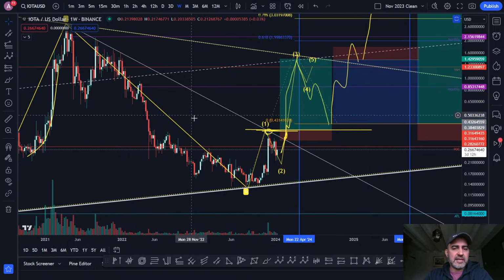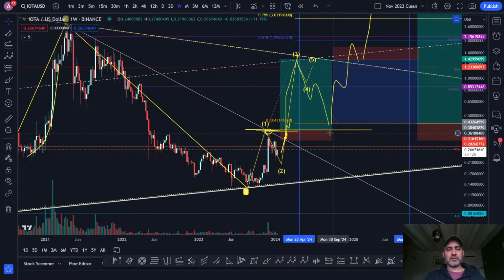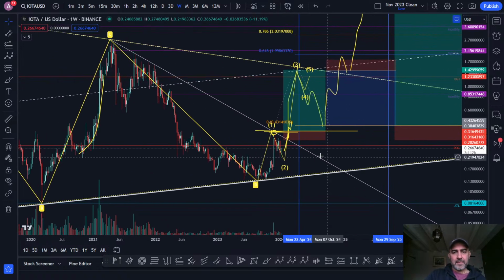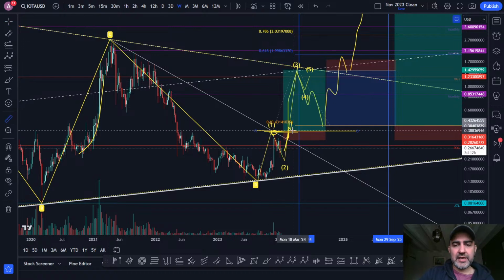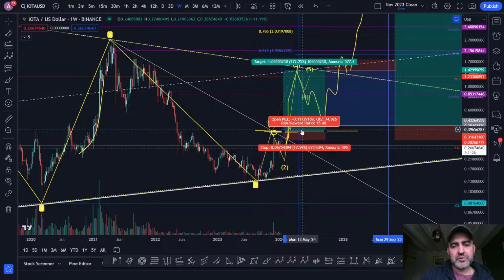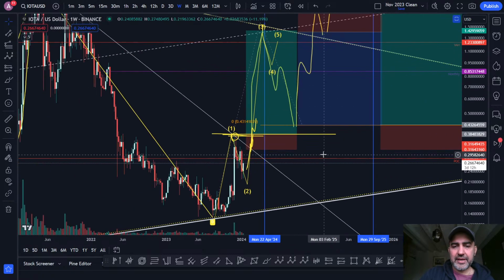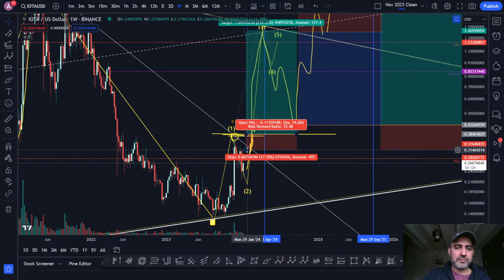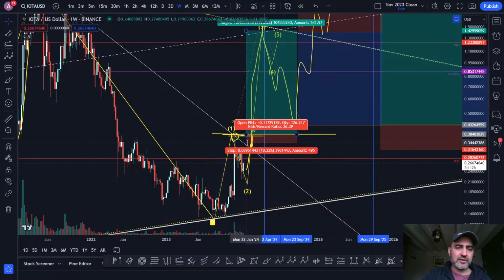So that's also a possible way of taking this trade. Obviously you're looking at lower return. It's still 2.5x.